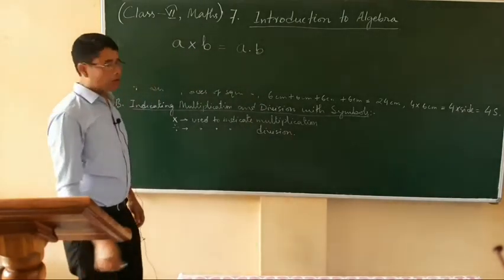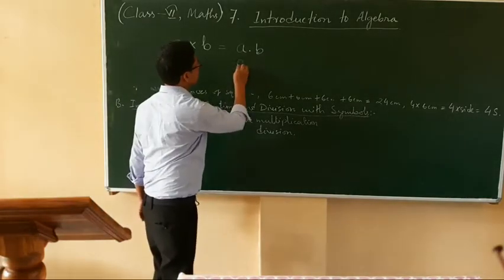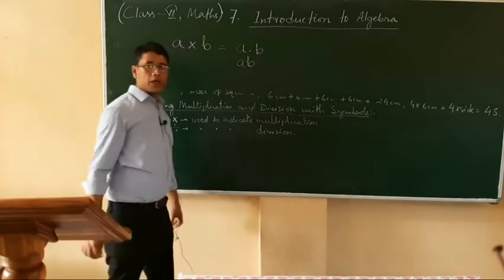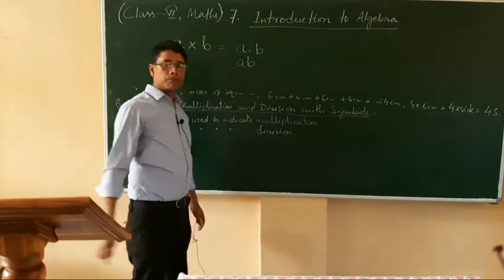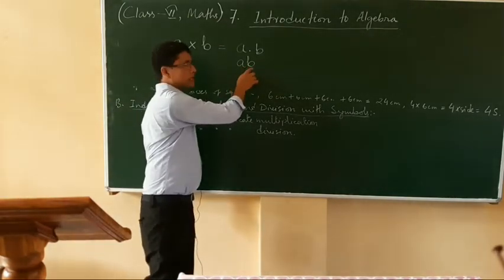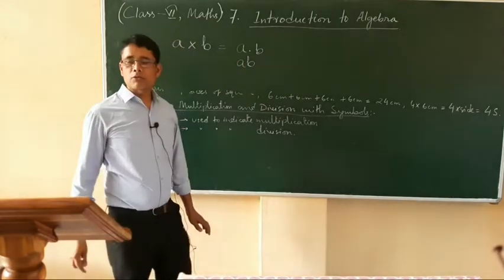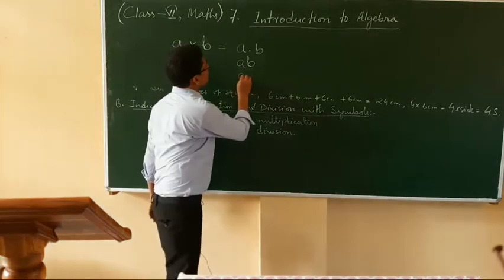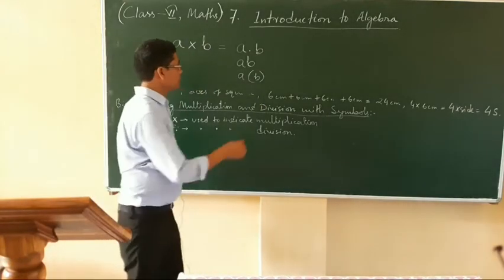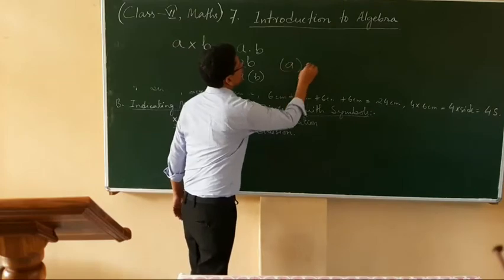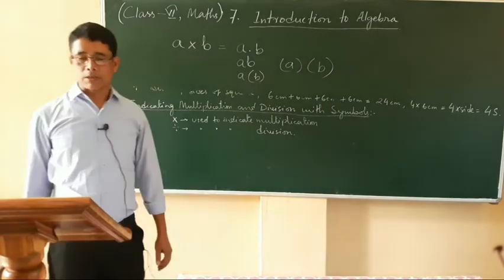Now this dot means we have to understand that it is multiplication, or without using any dot, simply we can write AB. AB means we have to understand that this is the multiplication of A and B, symbols A and B or variables A and B. If A and B are together without any sign in the middle, it is understood that it is multiplication. Or if it is like this, A bracket B, then also it is multiplication, or both A and B are inside the bracket, then also it is multiplication.